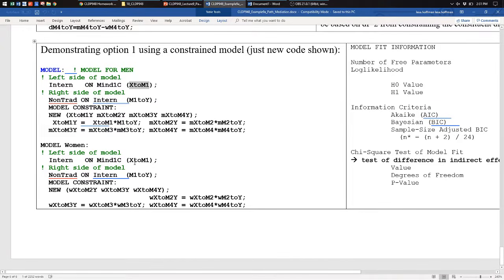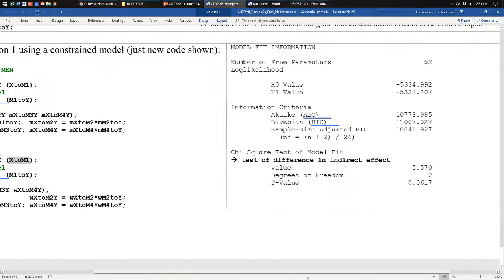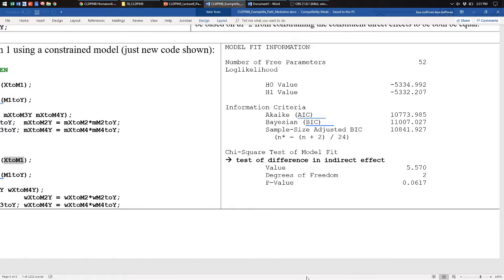If I label X to M1 the same in both models, and then label the M1 to Y the same in both models, that's 2 degrees of freedom, constraining those paths. Then the model no longer fits perfectly. Conveniently, if you already start with a perfect model, when you do these constraints, that's my likelihood difference. It does it for you. 2 degrees of freedom is what you get when you make A and B the same across groups.